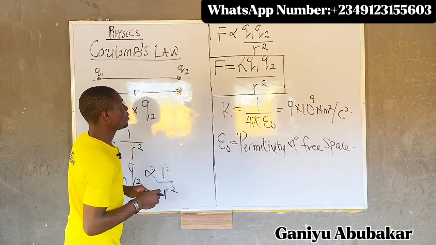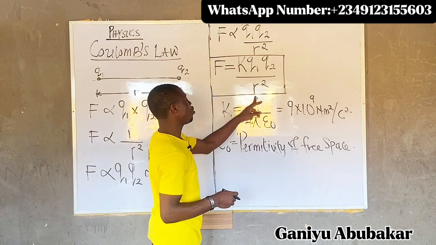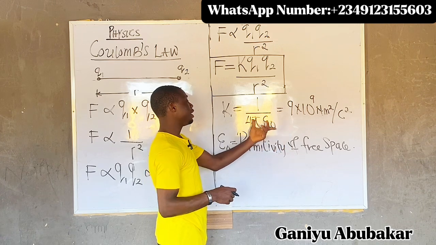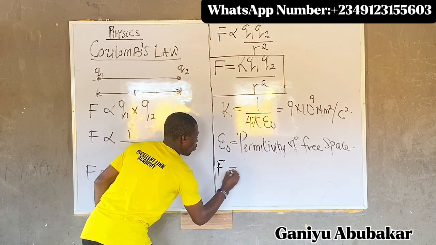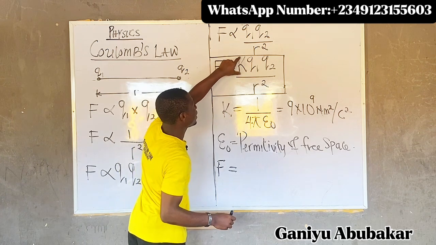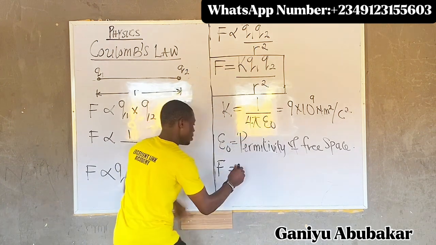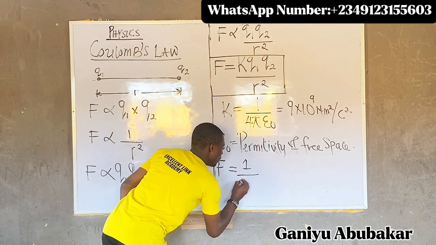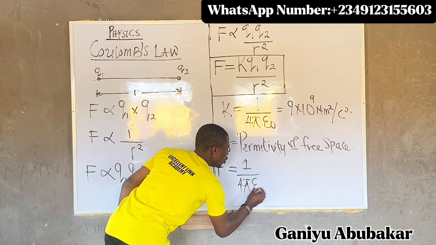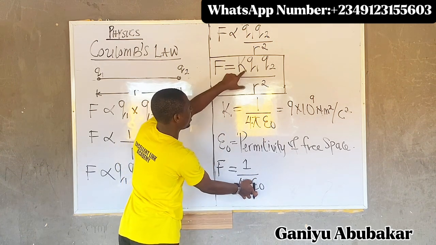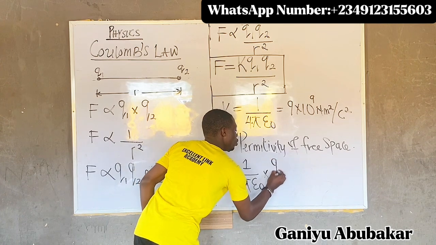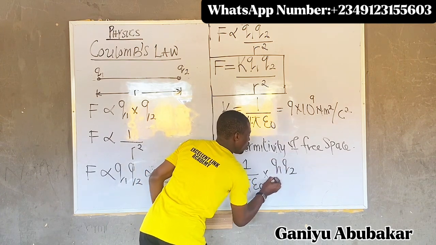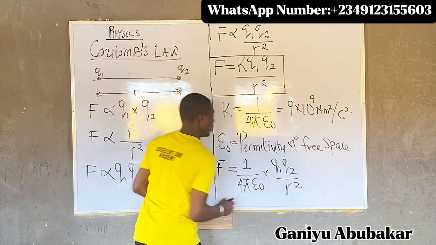So here's the concept, please. If K is 1 over 4 pi E naught, it means that my force of attraction F can also be expressed as K, which is 1 over 4 pi E naught, times Q1 Q2 all over R squared.